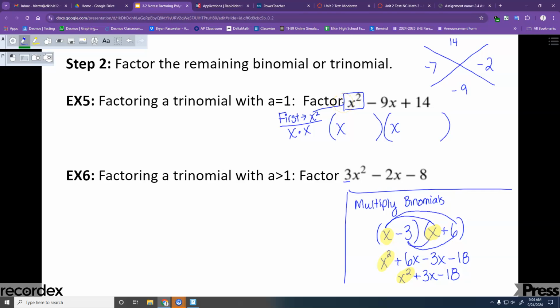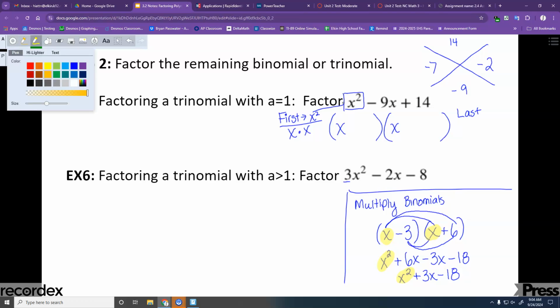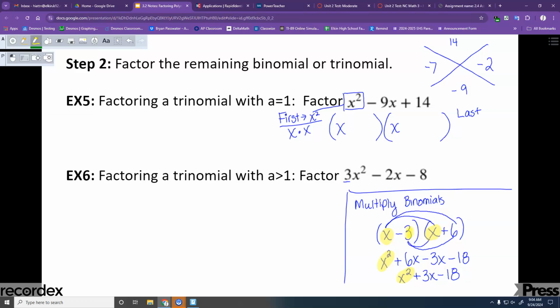Now, for my last term, notice here, when I multiply the 3 and the 6, it gave me negative 18, which ended up being the last term, right?